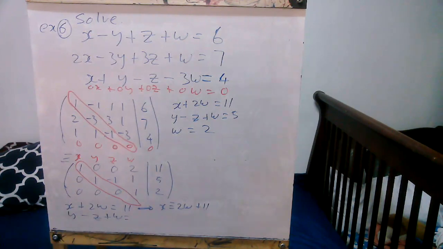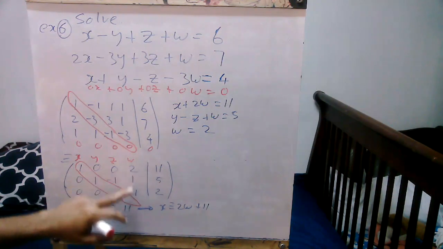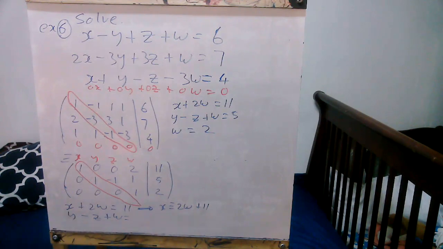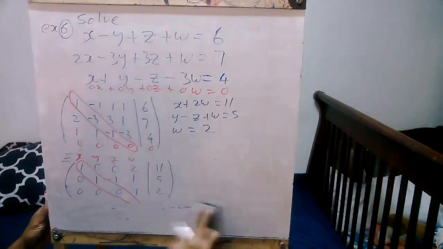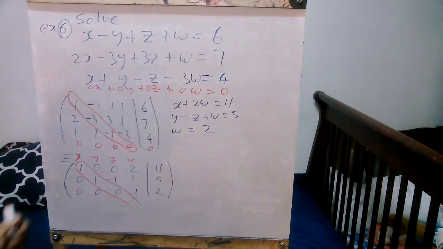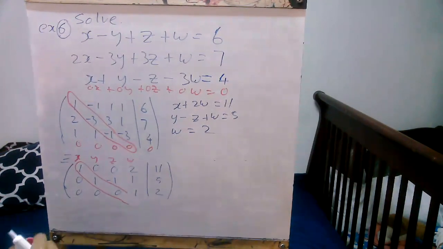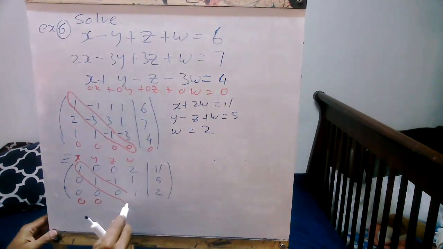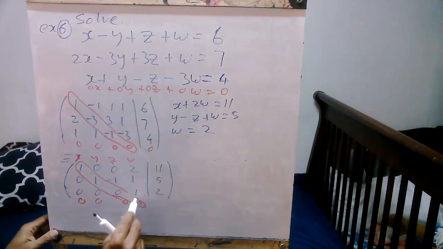The next row, right? So even with w, we see we have 1 there. Okay, let me explain that before we proceed. Now we have this 1 here, right? Then if you assume a 0 row, we have zeros here and here. This is your diagonal.